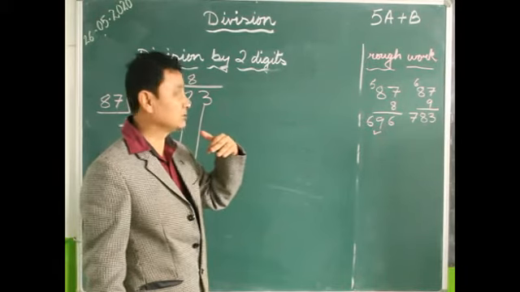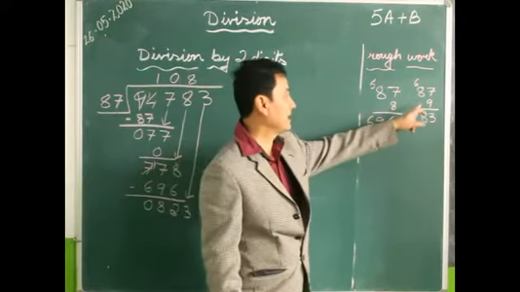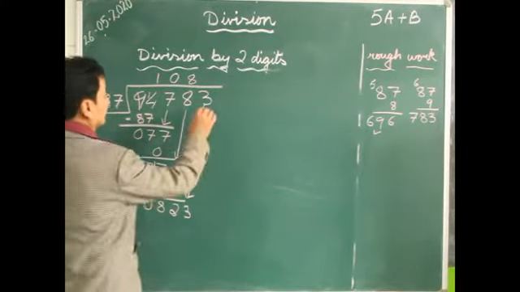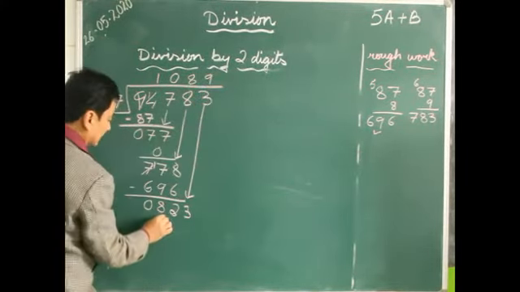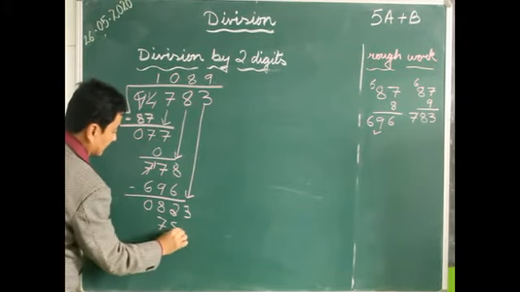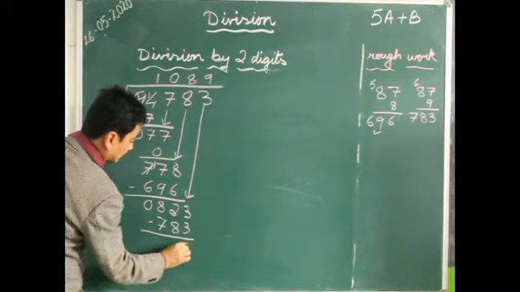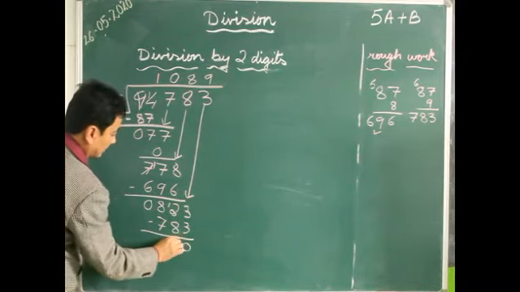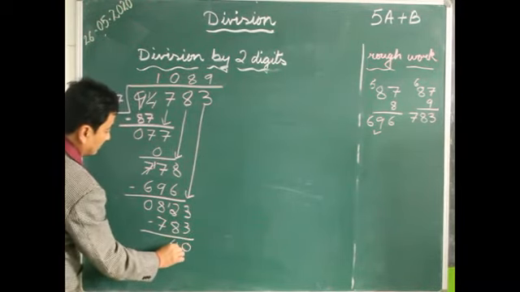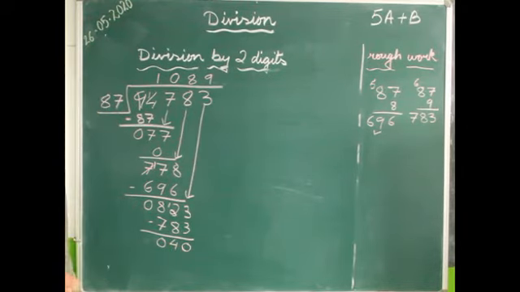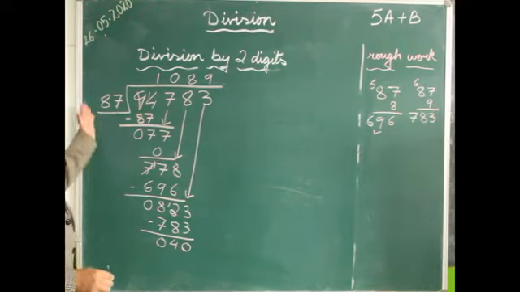The last number you must multiply by is 9. So no use doing 10. So 87 nines are 783. 0, borrow, 4, 0. Okay? Simple, no? Remember to use this trick.